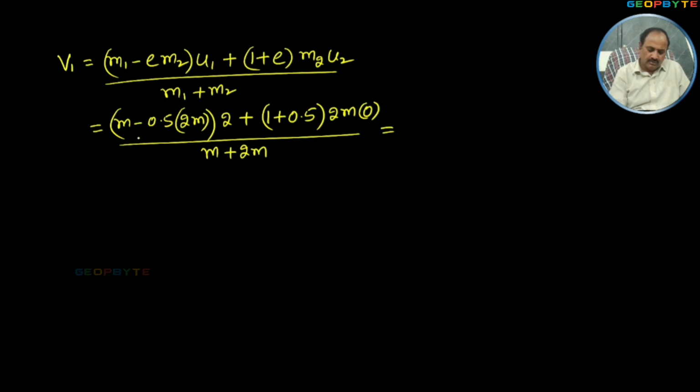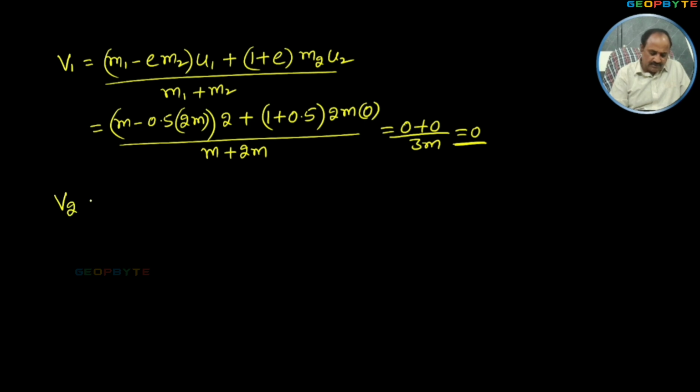It is equal to m minus 0.5 into m minus m, 0, into 2, plus 0, by 3m, is equal to 0. That means the final velocity of the first particle after colliding is 0.